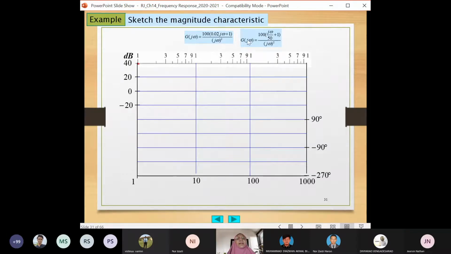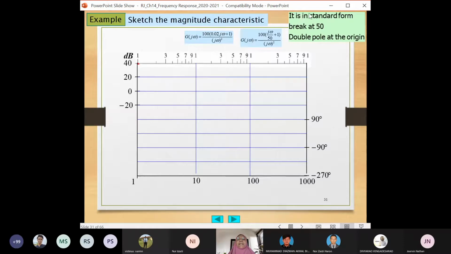And 0.02 is simply 1 over 50. From here you know z1 is 50. The poles are j omega, with the p value at constant.